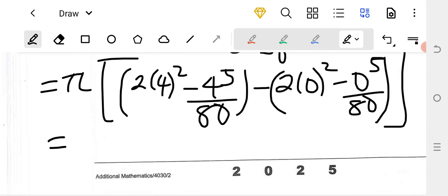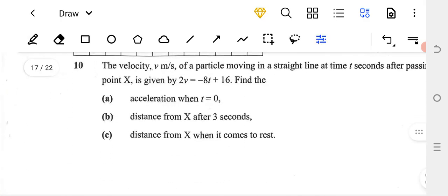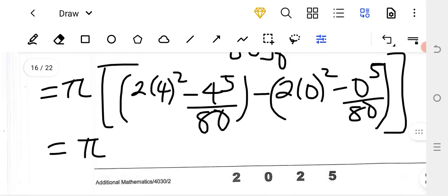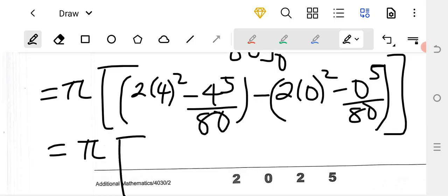Which is equal to pi multiplied by the integral there. 2 times 4 squared is 16. 4 to the power 5 is what?